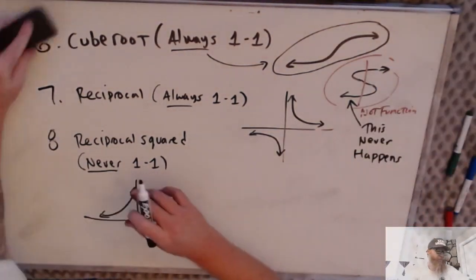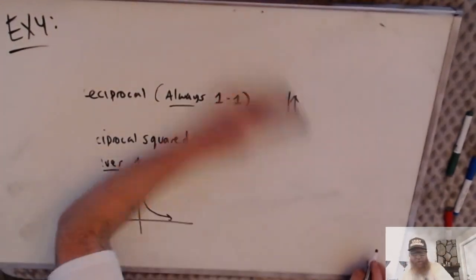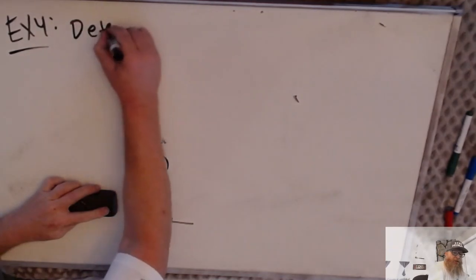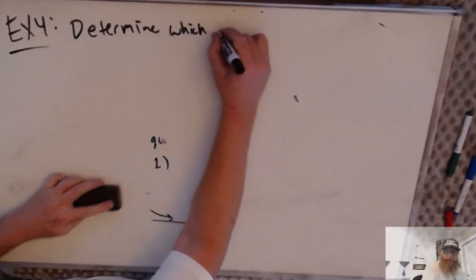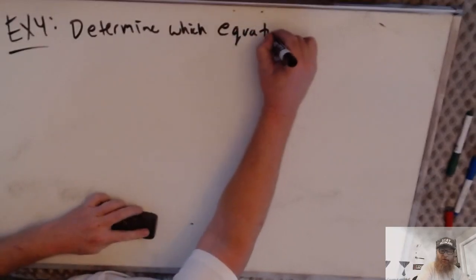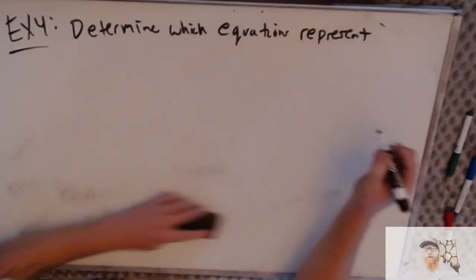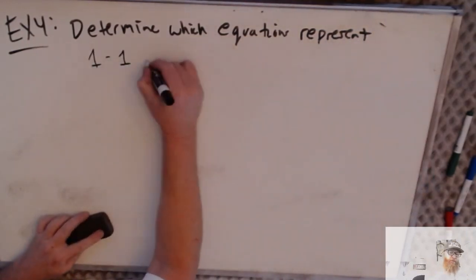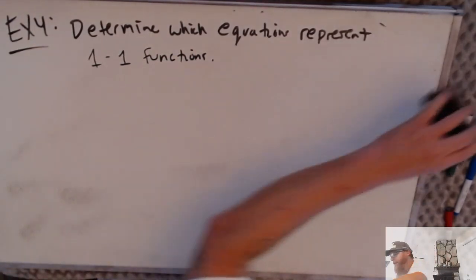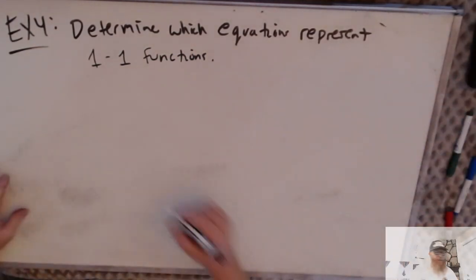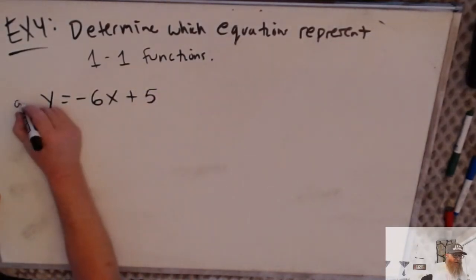Let's try another one. Now that we got the idea. Example 4. Determine which equations represent 1-to-1 functions. So y equals negative 6x plus 5.